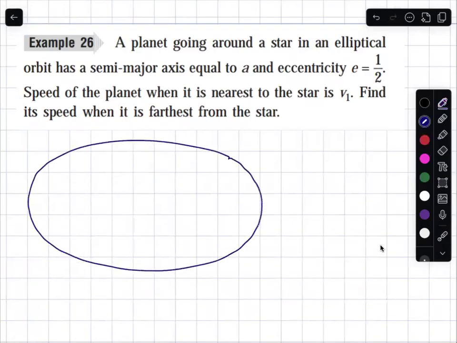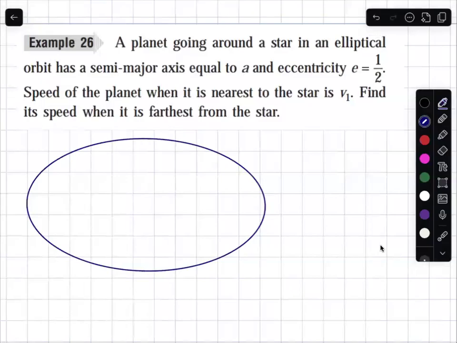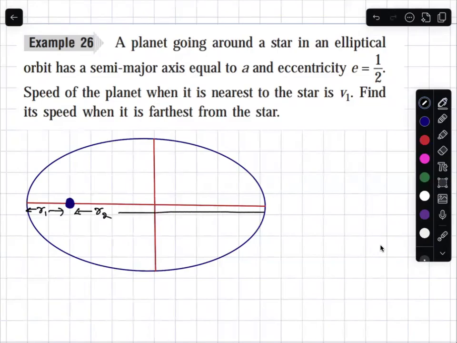Remember, this is the ellipse. Now, this is the semi-major axis, and this is the semi-minor axis, and that is the focus point. Let this be R1, let this be R2.